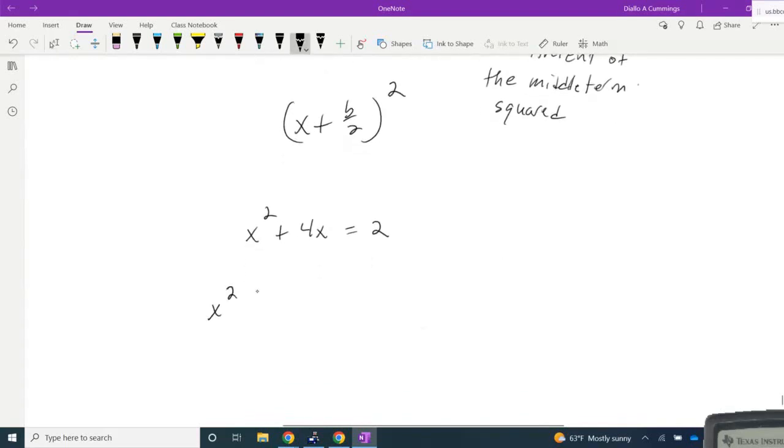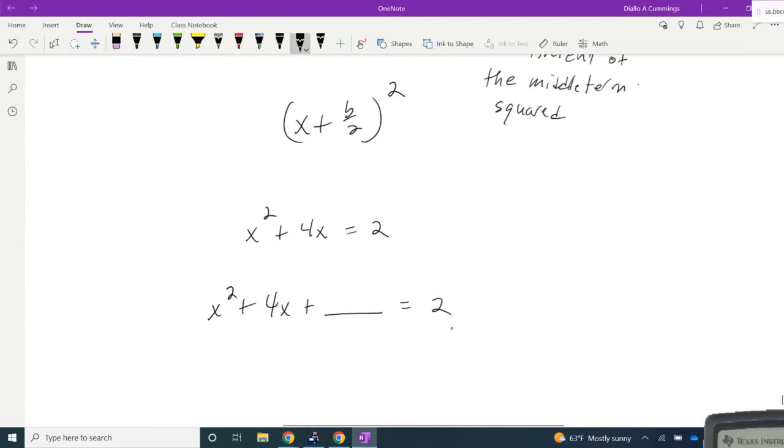So I'm going to write out x squared plus 4x, and I'm going to put plus blank. That blank is going to be half of the coefficient of the middle term. Up to this point, I haven't added anything that wasn't there. I started with x squared, 4x, and 2, and I have the same on my right-hand side.